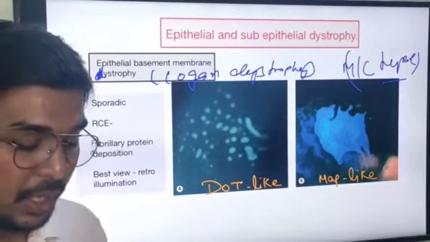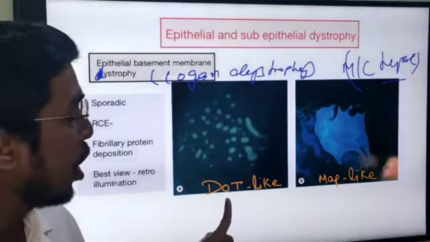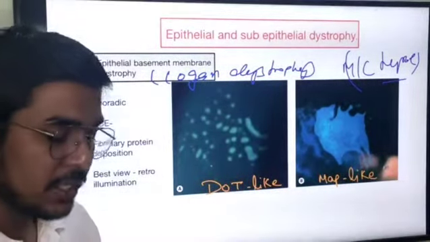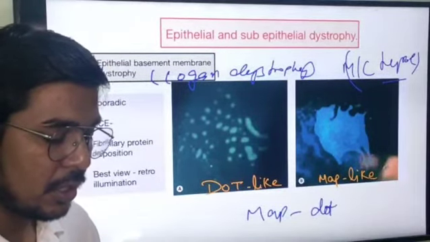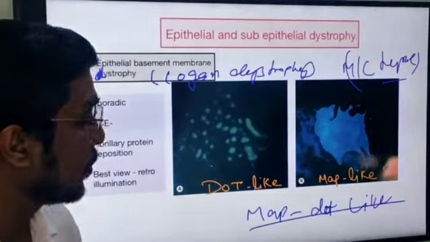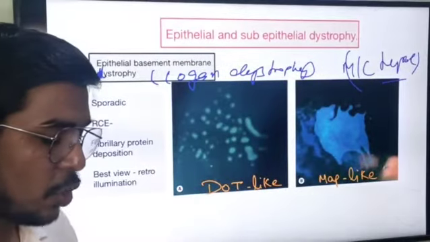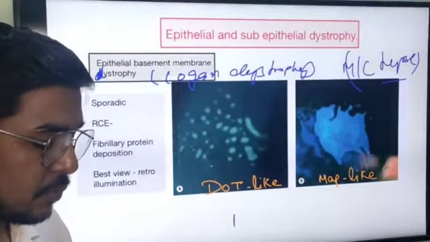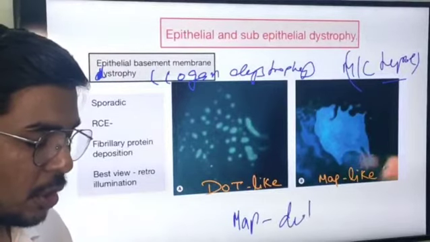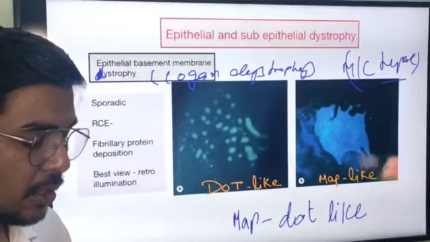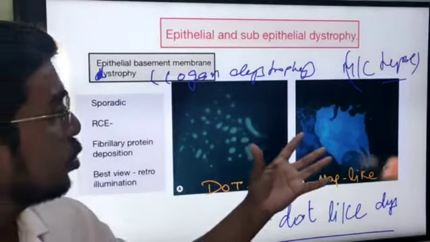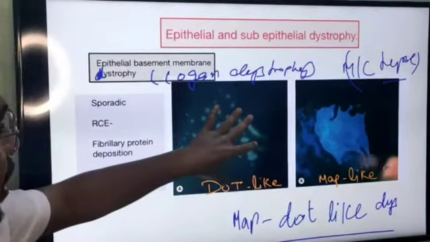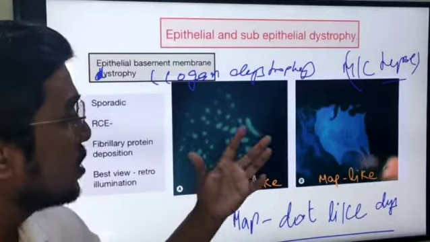See here what I have written: map-dot-like. It is also known as map-dot-like dystrophy.